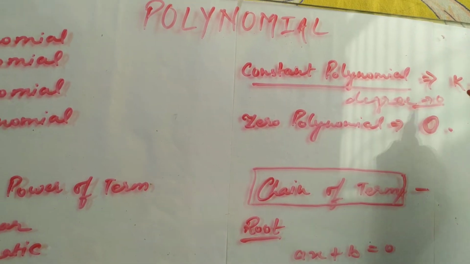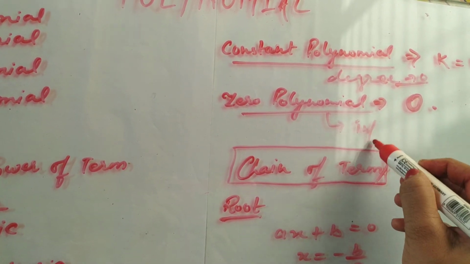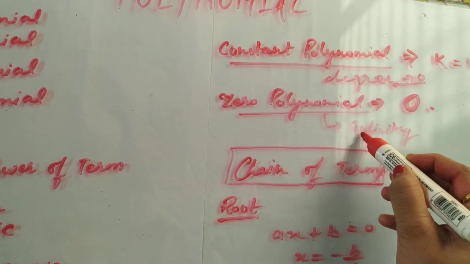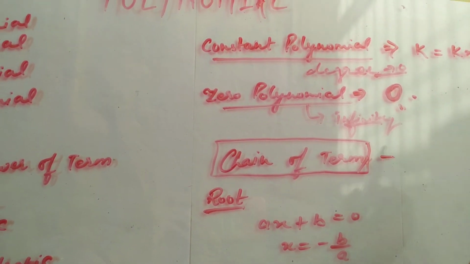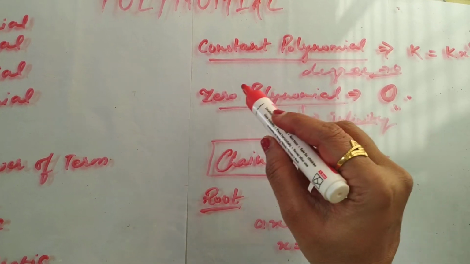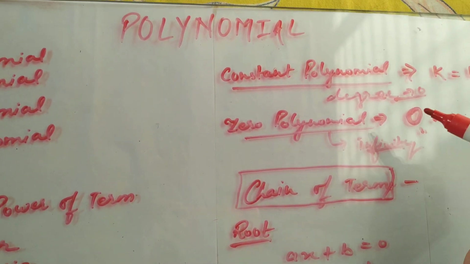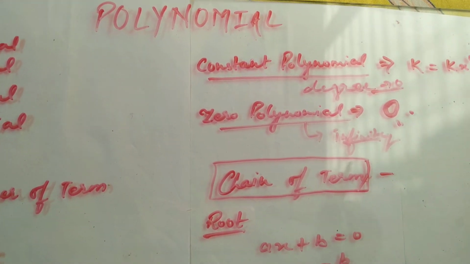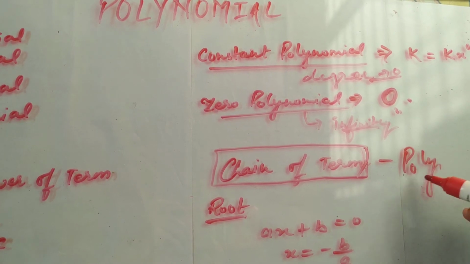And the degree of the 0 polynomial is infinite, because how many terms does it contain? 0 plus 0 plus 0 plus 0, it is not defined. So the degree of the 0 polynomial is infinite, and the degree of a constant polynomial is 0. A chain of terms is known as a polynomial.